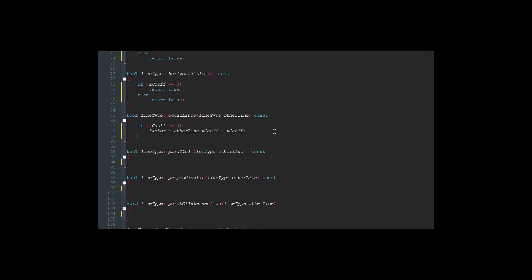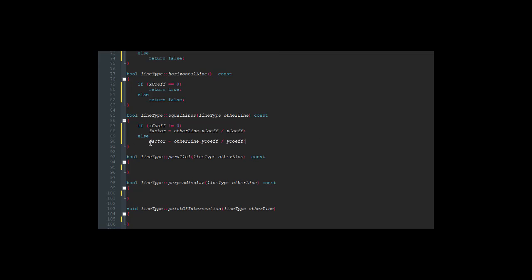But we also need to check that if the x coefficient is equal to 0, which can happen, then the factor needs to be the other line's y coefficient divided by the current line's y coefficient.